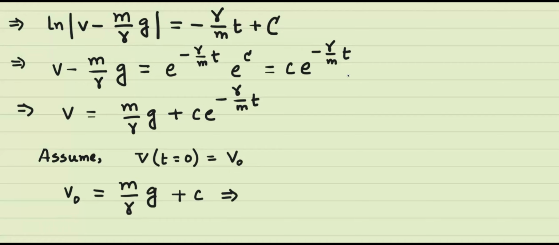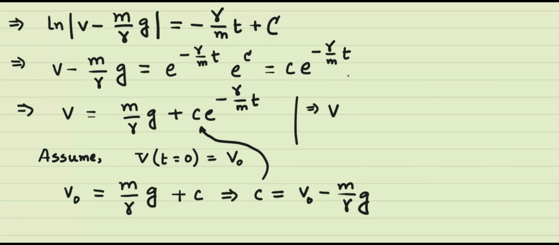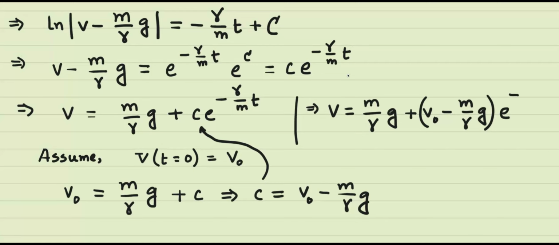And of course, this gives us the explicit expression for c, which is v naught minus m divided by gamma times g. So if we plug that in here, what do we get? We get v equals m divided by gamma times g, plus v naught minus m divided by gamma times g, times e to the power negative gamma divided by m into t.